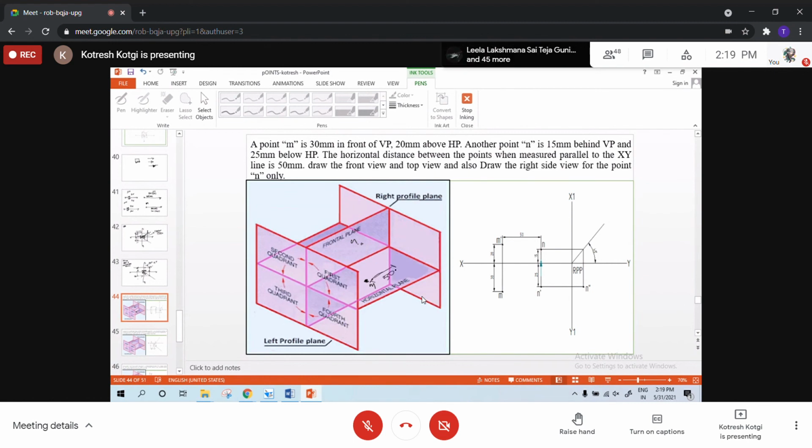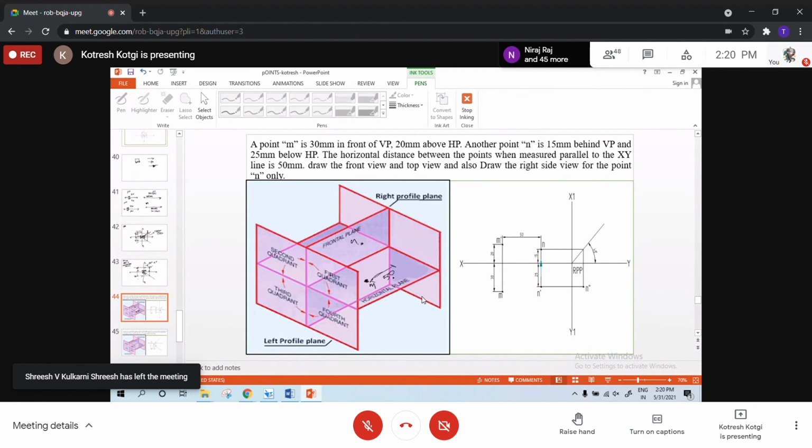It is 50. Point N is in third quadrant. Point M is in first quadrant. So if you measure along XY line, it is 50.